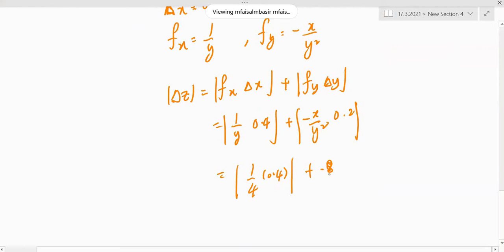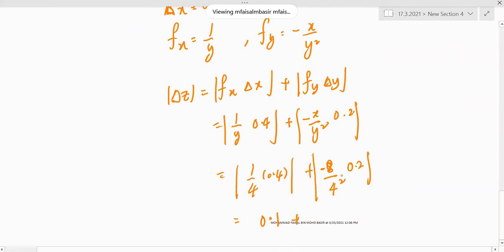Negative 8 over y is 4 squared times with 0.2. So we have modular sign, so everything that is negative will become positive. So this will be, okay, y is 4. Okay, so this is 0.1, correct?